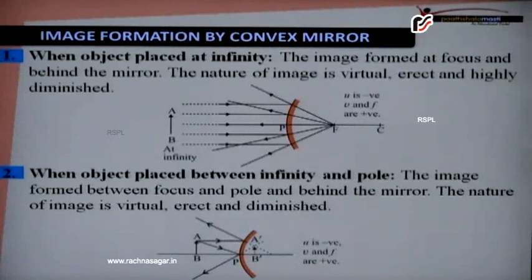After reflection, the image is formed again behind the mirror, and the nature is virtual, erect and the size is diminished. The image is formed between focus and the pole of the convex mirror when any object is placed between infinity and pole of the convex mirror.